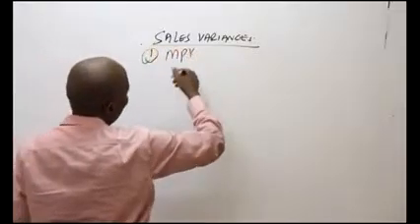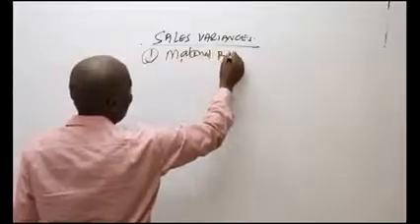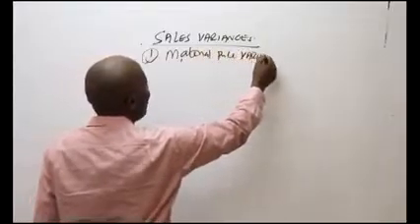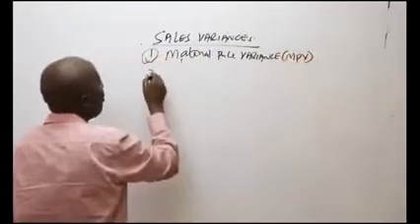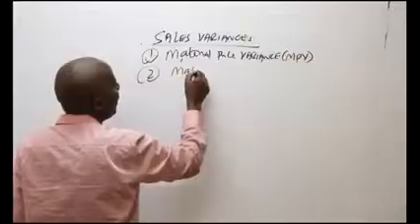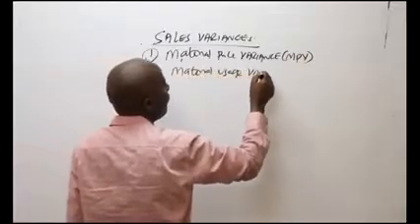We have the material price variance, which we shall be abbreviating as MPV. And number two, we have the material usage variance.